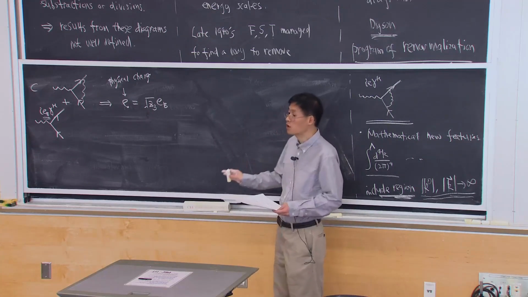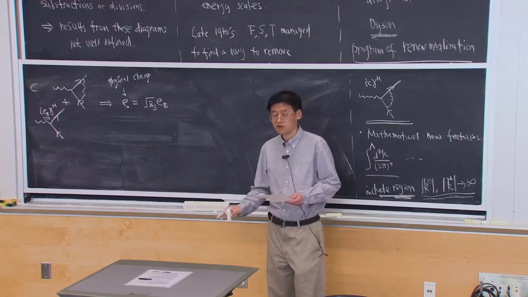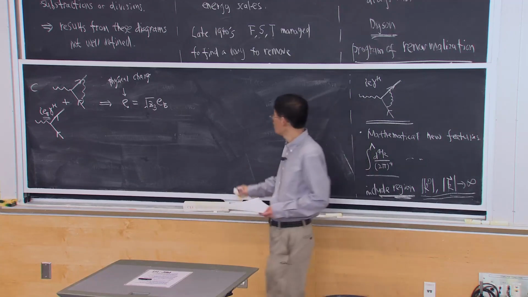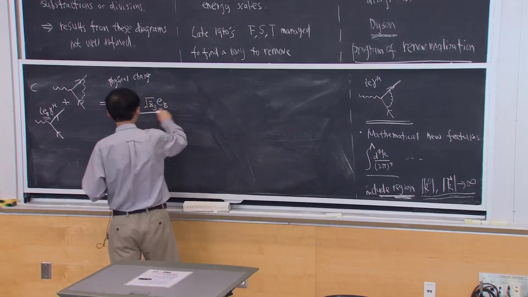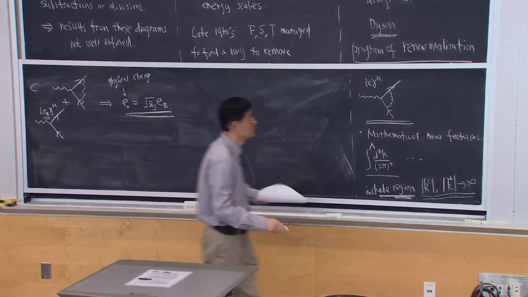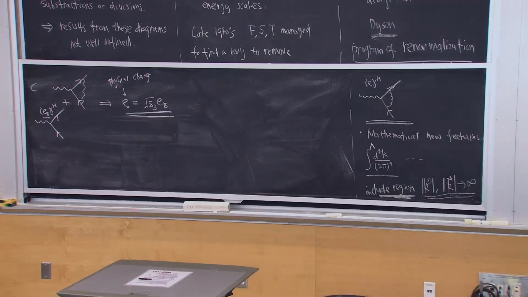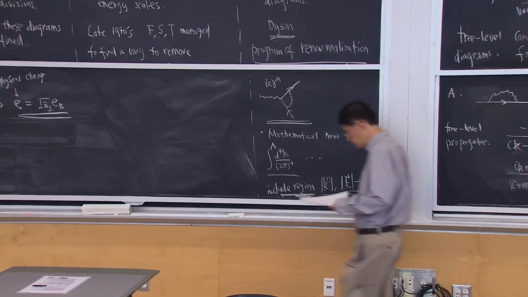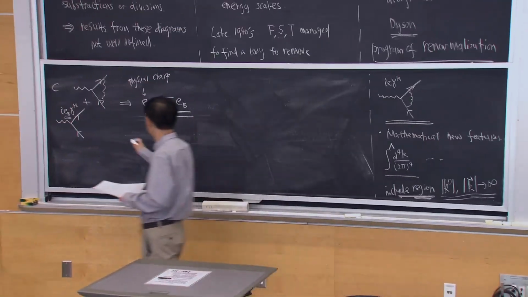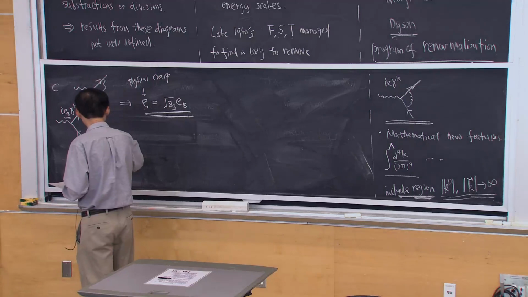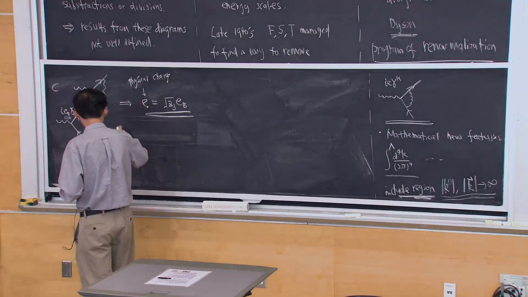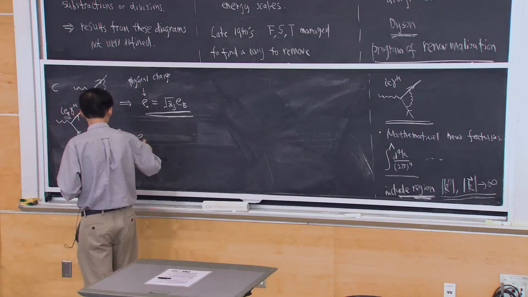This is important for the following reason. Because of these two relations, you observe that e_B A mu B is actually equal to e A mu.